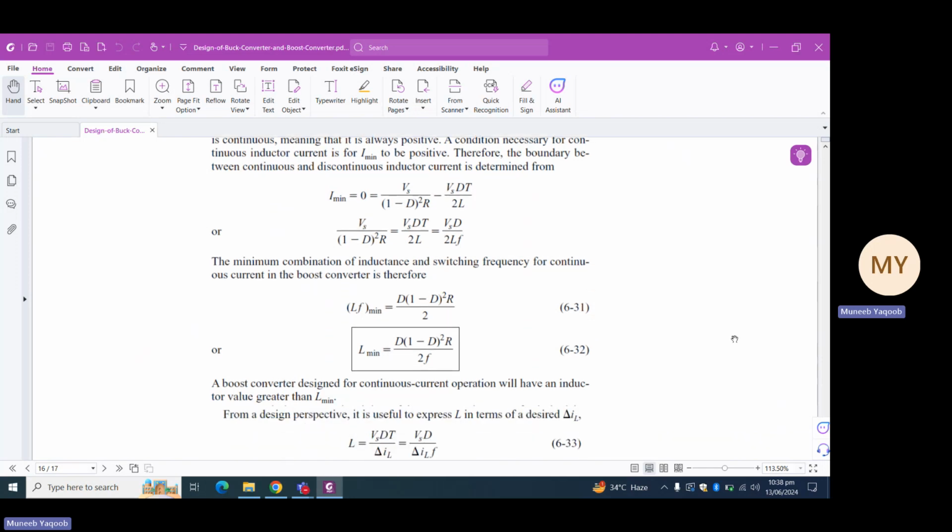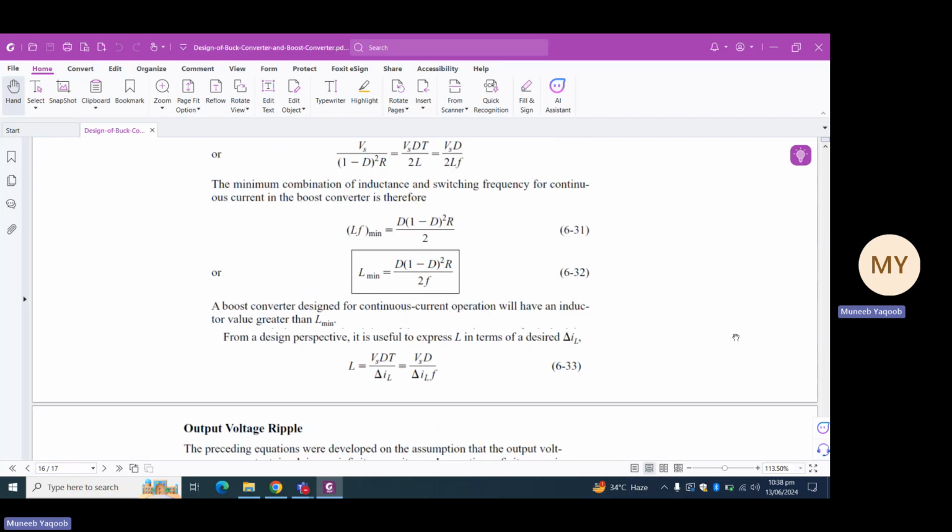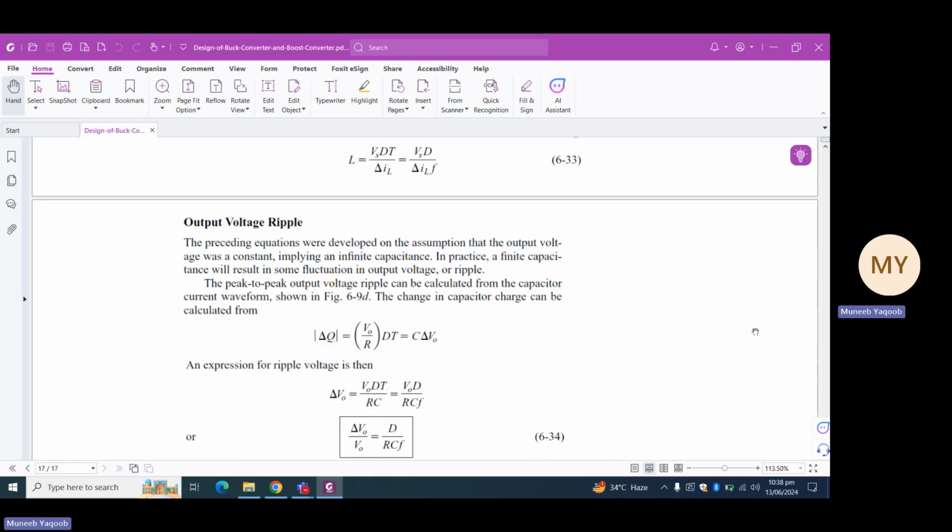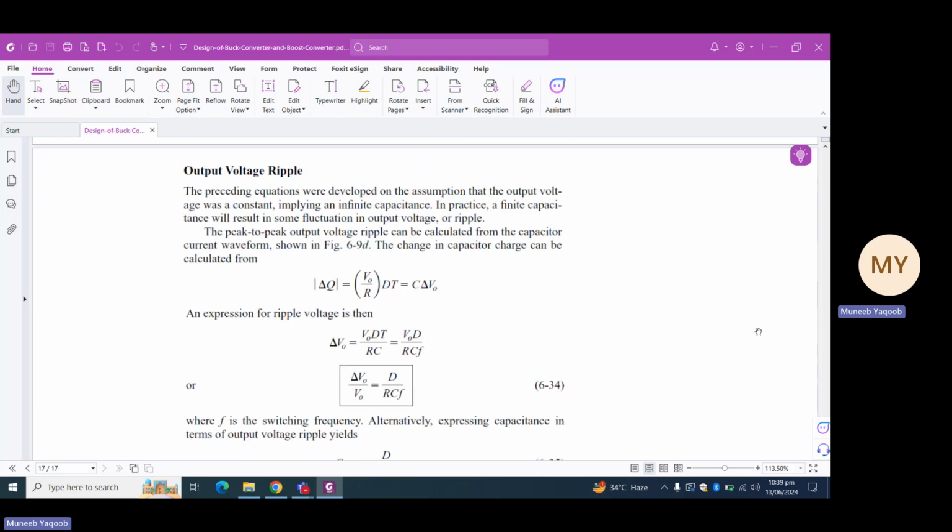Now, as in the buck converter, we considered the output ripple voltage and established the equation of the capacitance required to maintain a minimum percentage ripple. Following the same pattern, we wrote delta Q equals V out upon R times dT.